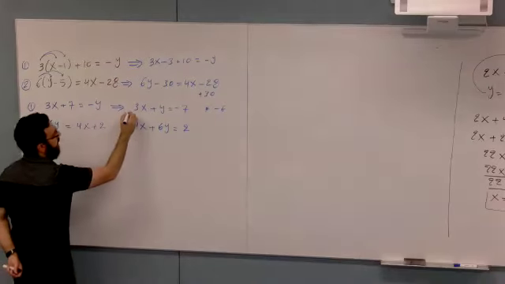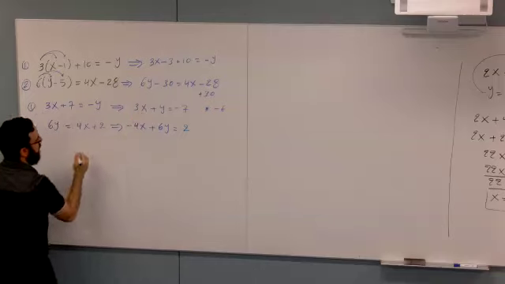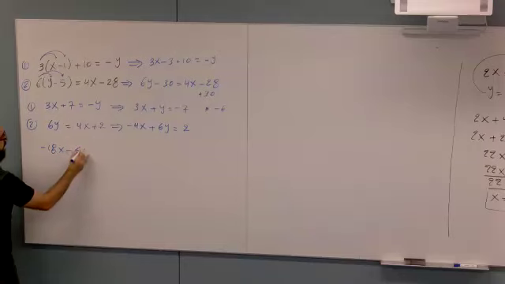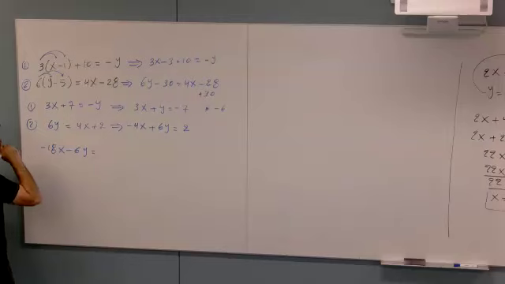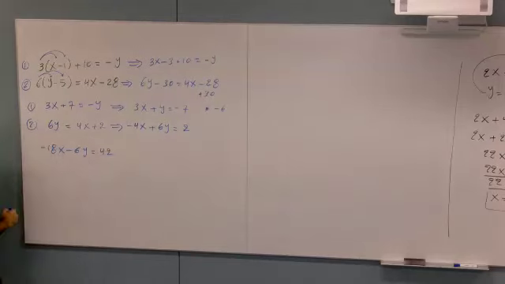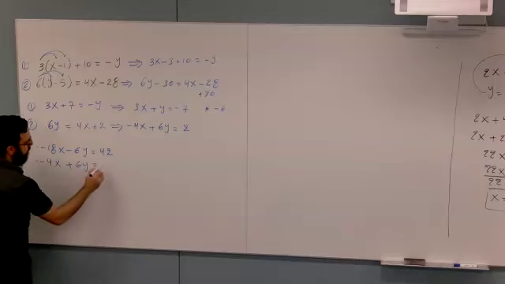That means it's going to be -3 times -6, -18, x minus 6y equal -7 times -6, 42. And the second one is -4x plus 6y equal 2.